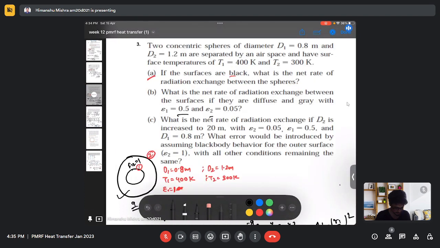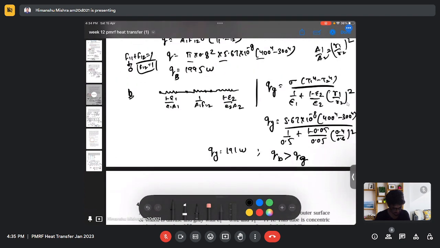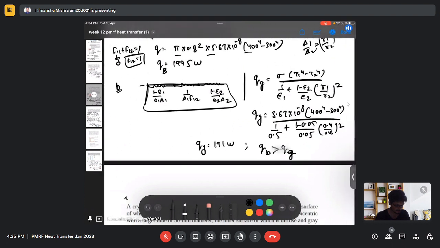Now in the third part, the diameter D2 increases to 20 meter. The resistances are the same, just the diameter increased to 20 meter. So instead of 0.6, we can write 0.4 by 10 whole squared. Then we have to find the heat transfer with the modified diameter.